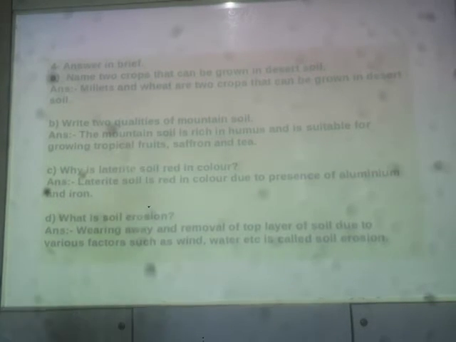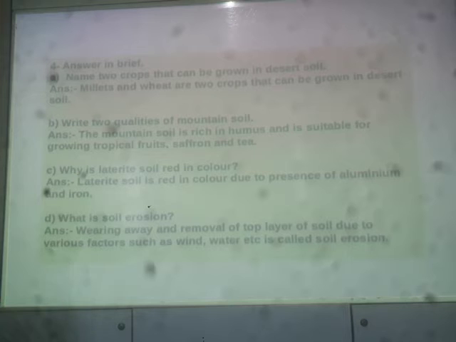Now answer in brief. Coming on to this page. Name two crops that can be grown in desert soil. There are many crops that can be grown in desert soil. Only two crops I have chosen, that is millets and wheat.